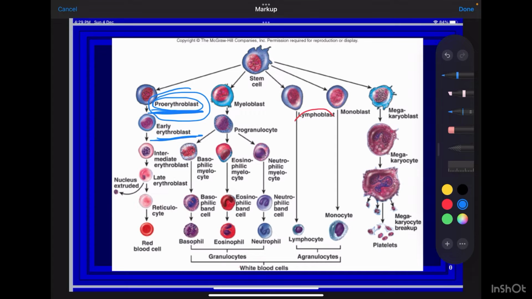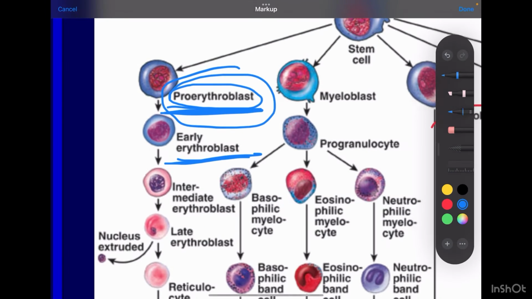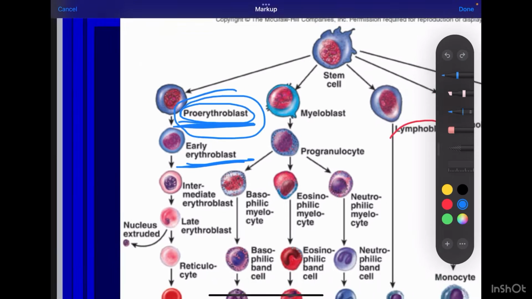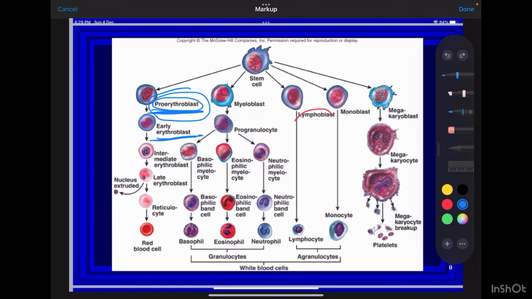We know the whole thing is mitotic division. The cytoplasm, as you can see here, shows strong basophilia, and that's due to the large number of free ribosomes inside. That's why we call it a basophilic erythroblast, or just the early erythroblast.